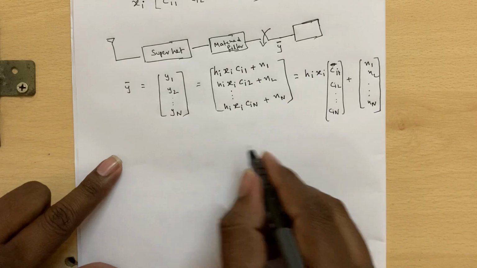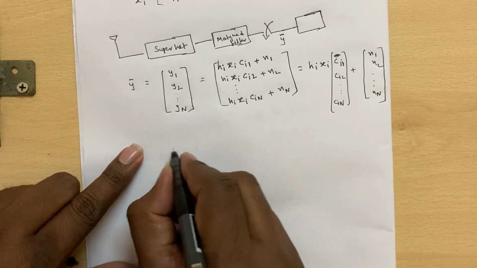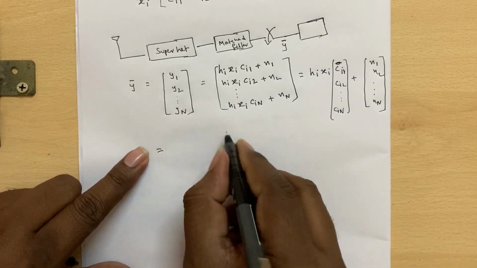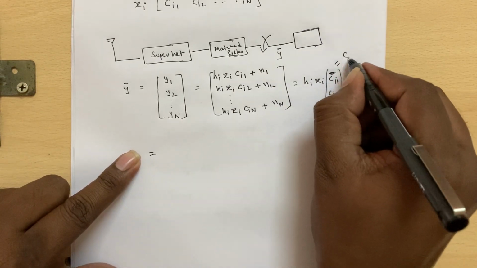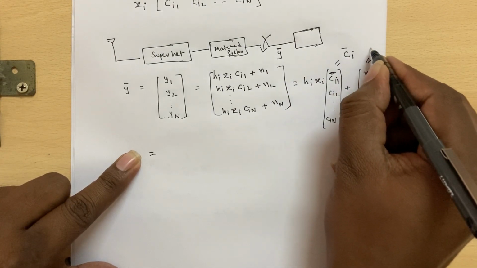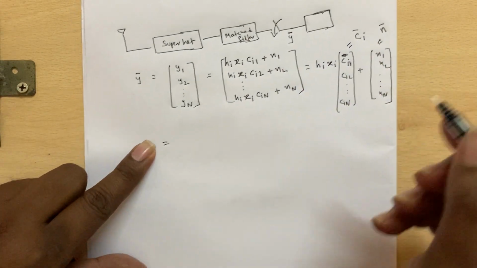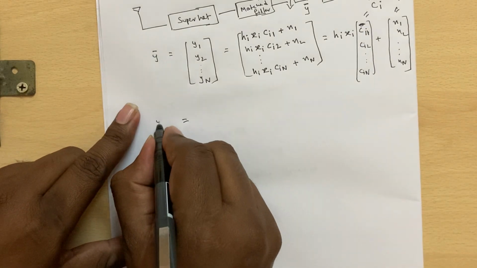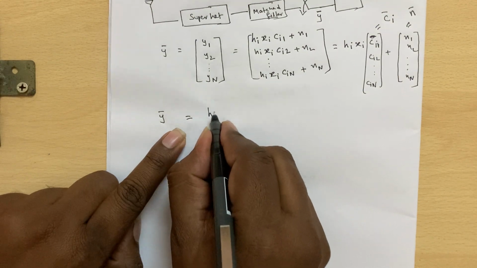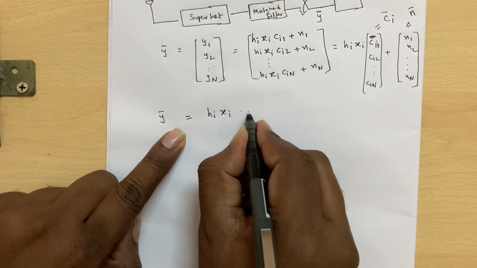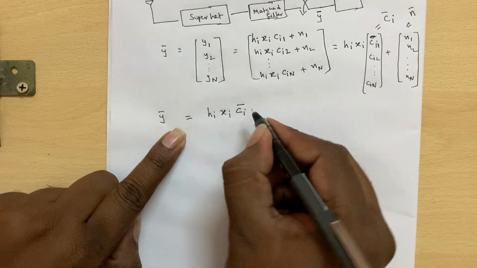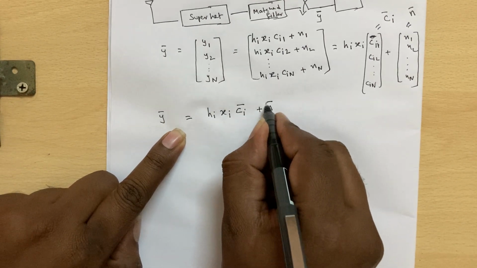This is nothing but the ith code vector, and this we call the noise vector, n bar. So in vector form we can write the received n chips as Hi into Xi, Ci bar plus n bar.